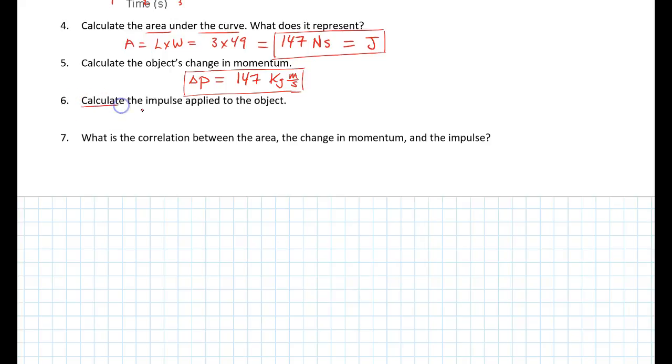Now it says calculate the impulse applied to the object. Impulse is equal to force multiplied by time, and we've actually already done that. This is a repeat, and you can just bring this down here.